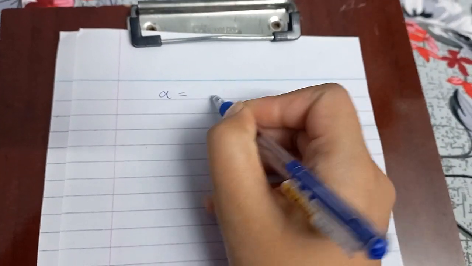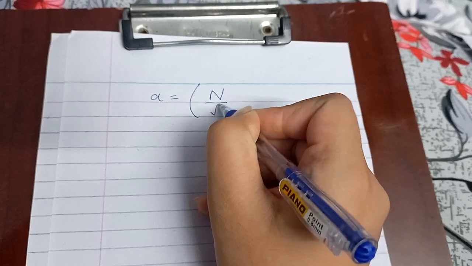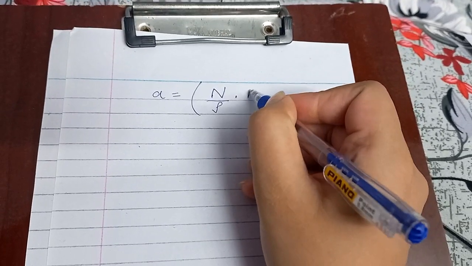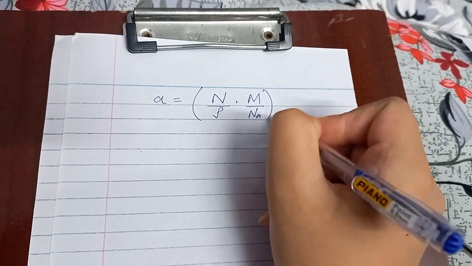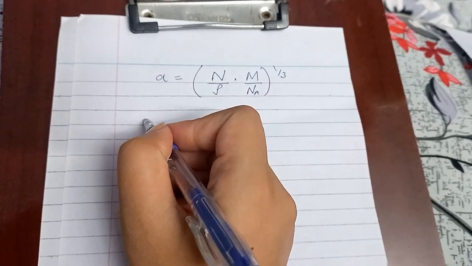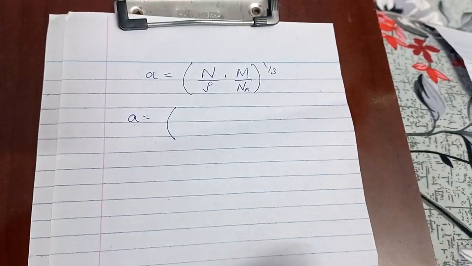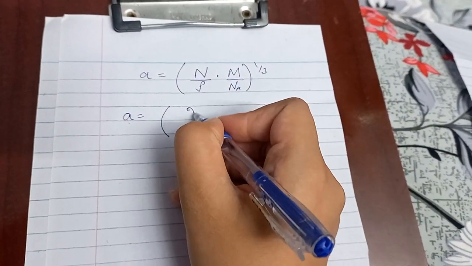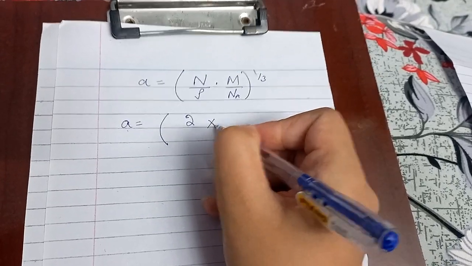Hence a equals capital N by rho, and in place of small m we write capital M by NA, all to the power 1 by 3. Now let's insert all of these values into this expression. In place of capital N we write 2, as we saw earlier.